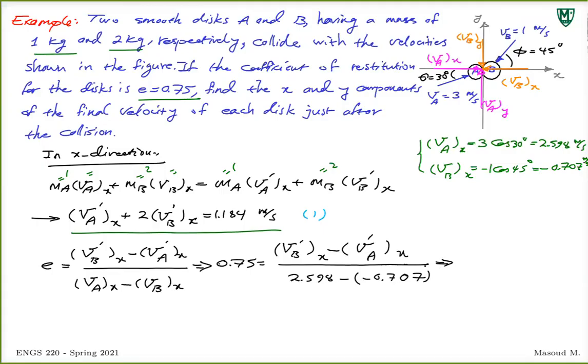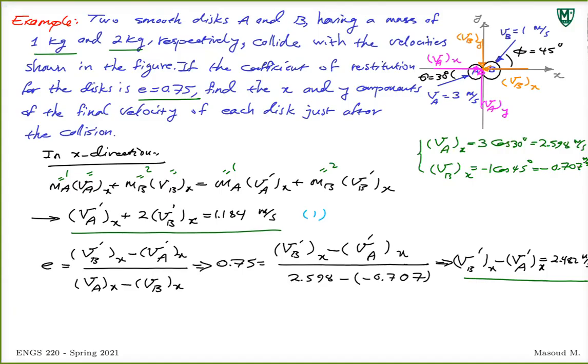So from there, if you do that math, you should get VB prime in X minus VA prime in X is equal to the denominator multiplied by 0.75. I got 2.482 meter per second.